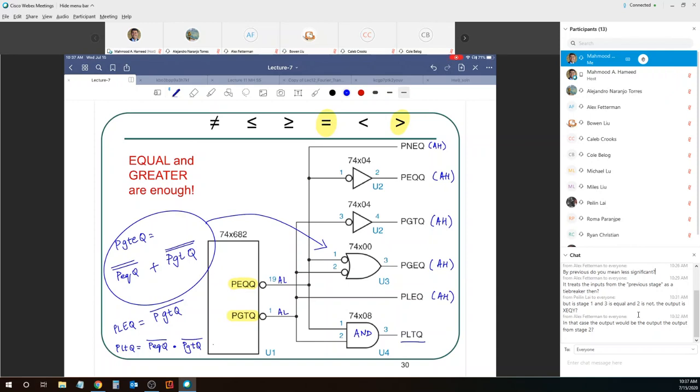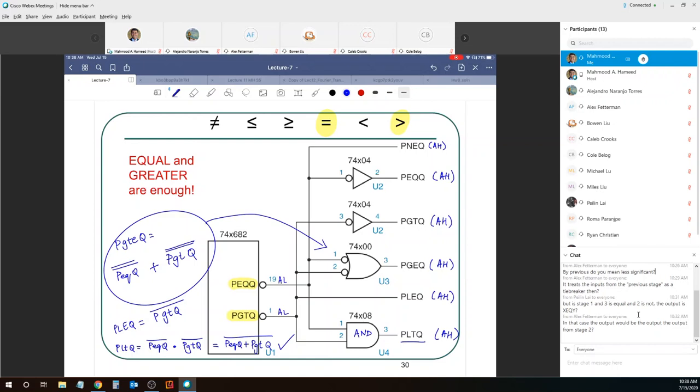Using De Morgan's law, we can write that as P equal to Q NOR P greater than Q. That's what we had earlier when we were writing the expressions. So all outputs are over here active high. The two outputs from the chip are active low.